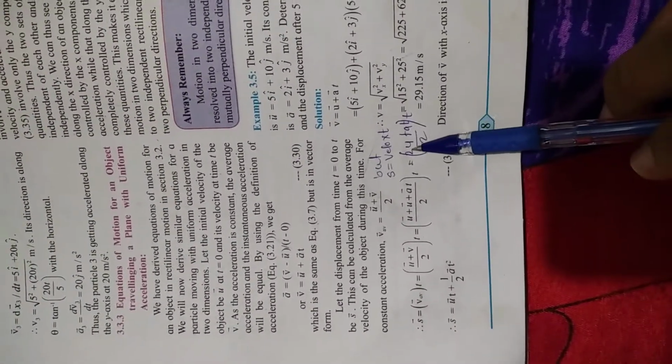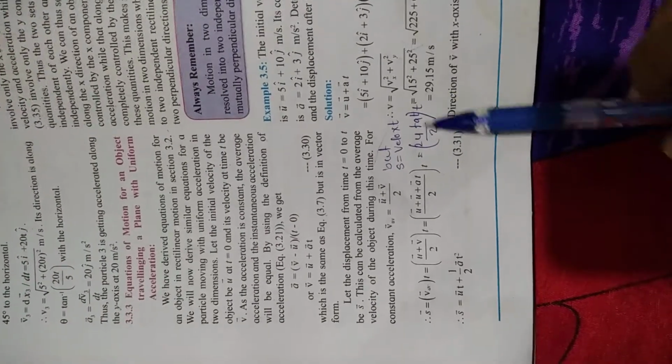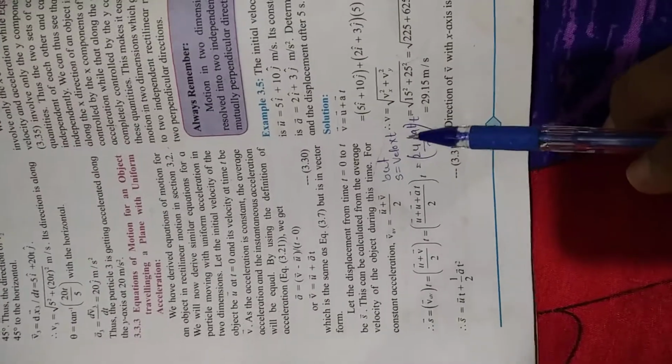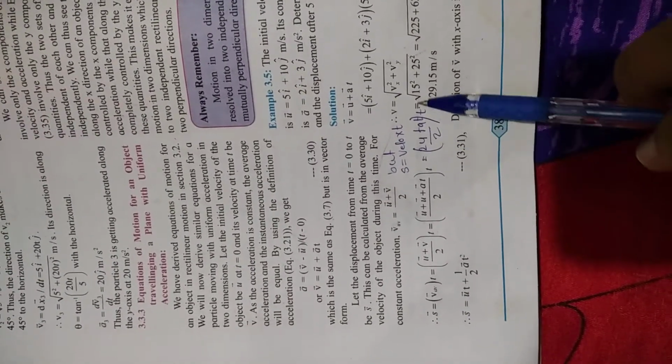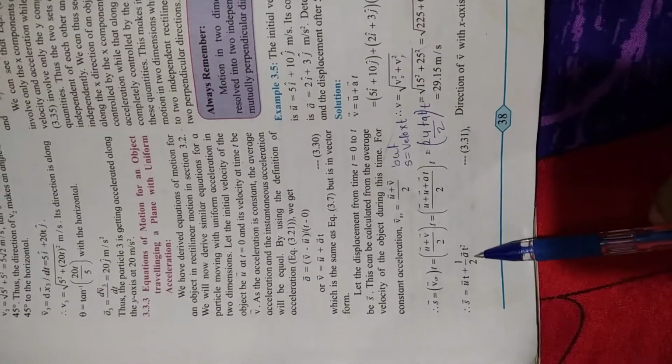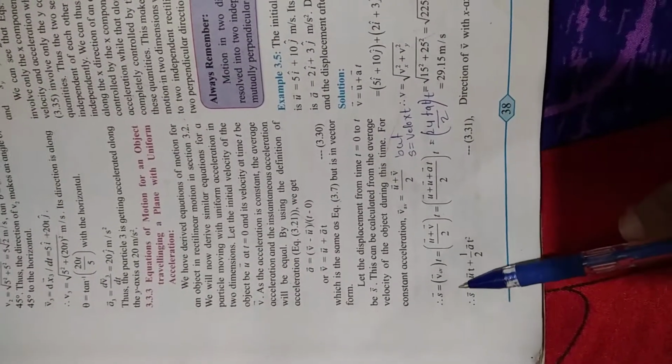Now if you split it, you get 2ut upon 2. 2 will get cancelled, remain ut. And here at upon 2 into t, so you get at square upon 2. So it is half at square, and that is nothing but displacement. S is equal to ut plus half at square. This is our second kinematical equation.